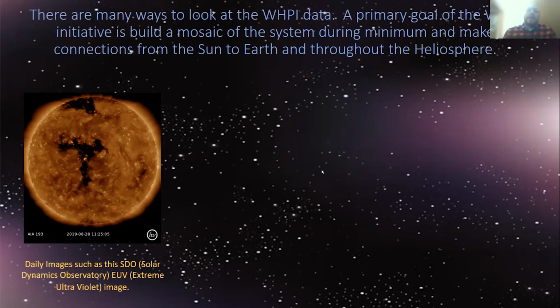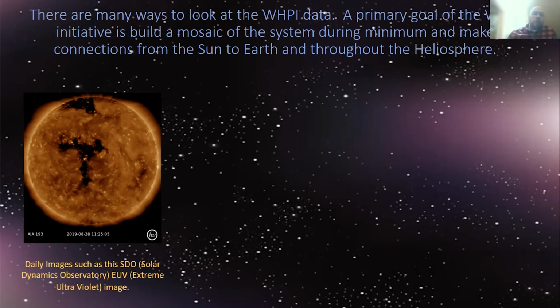So there are many ways to look at the WHPI data, and a primary goal of the WHPI initiative is to build a mosaic of the system during minimum and make connections from the sun to Earth and throughout the heliosphere. Daily images of the sun itself being a good place to start, such as this SDO EUV image, are one way we can look at this data.